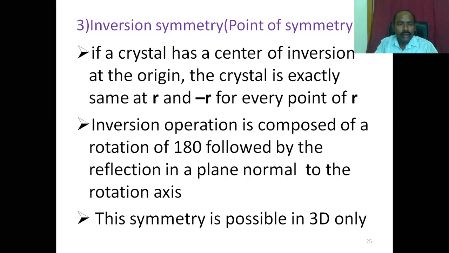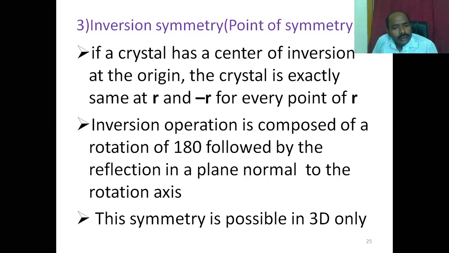We have studied rotational symmetry and plane symmetry. So the inversion is equivalent to a combination of rotation by 180 degrees followed by reflection about a plane. That plane is perpendicular to the rotational axis. We will see it in the next slide.